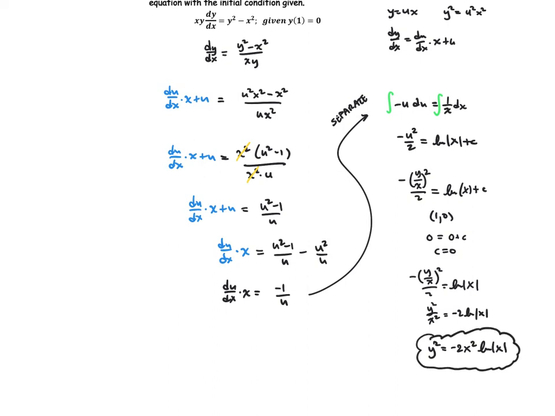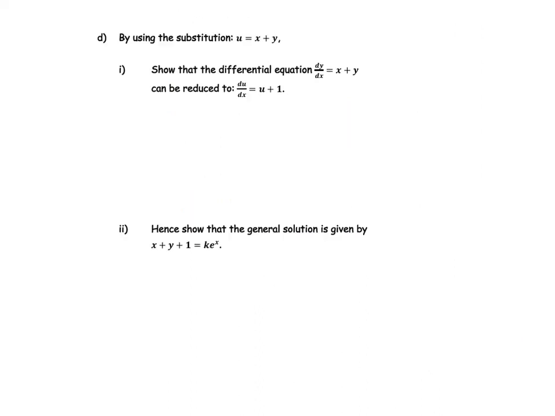We've got one more example using this homogeneous method in order to separate variables. Let's get to it. All right, example 5. Now in example 5, we're going to do a slightly different substitution. IB is prompting us with the fact that we're going to use the substitution u equals x plus y. Okay, so if u equals x plus y, then y equals u minus x.